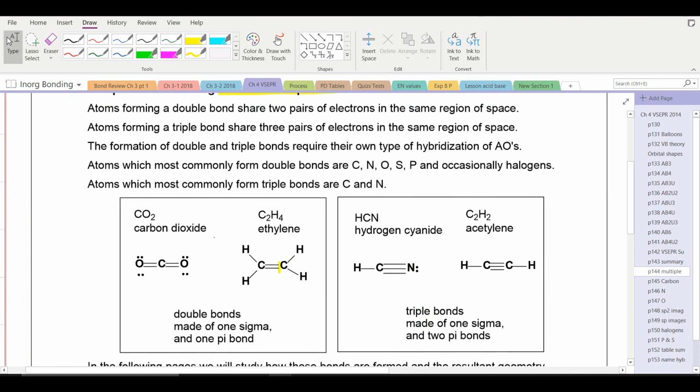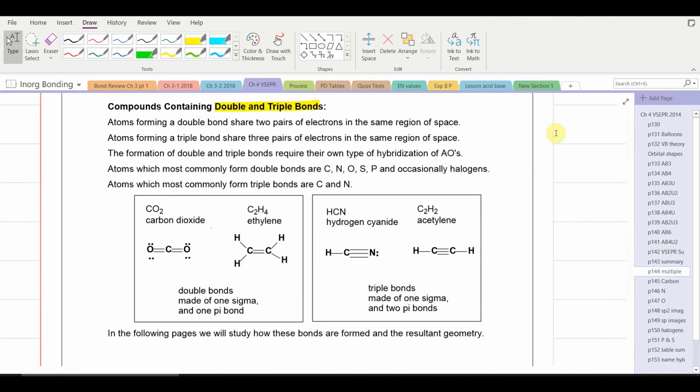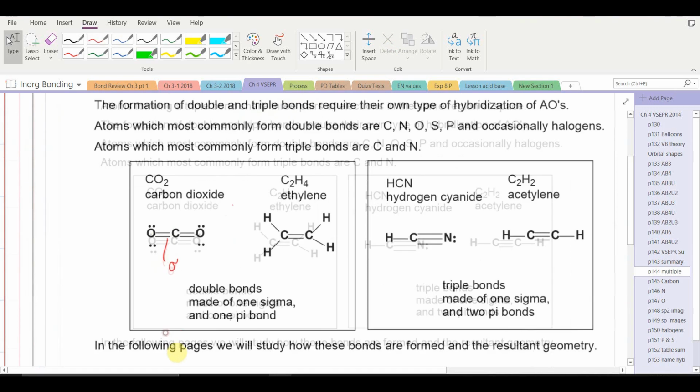So the formation of double and triple bonds require their own type of hybridization of atomic orbitals. It's a small modification. The atoms which most commonly form double bonds are carbon, nitrogen, oxygen, sulfur, and phosphorus, and occasionally halogens. And the atoms which, it says commonly but actually exclusively, form triple bonds are carbon and nitrogen. A double bond is made of 1 sigma bond and 1 pi bond.